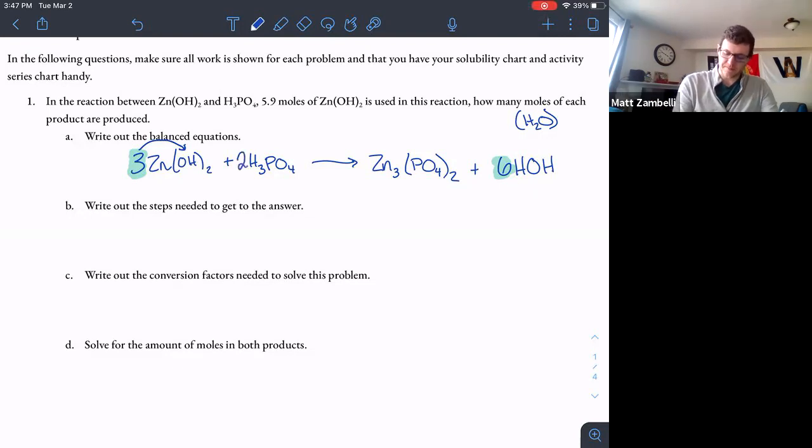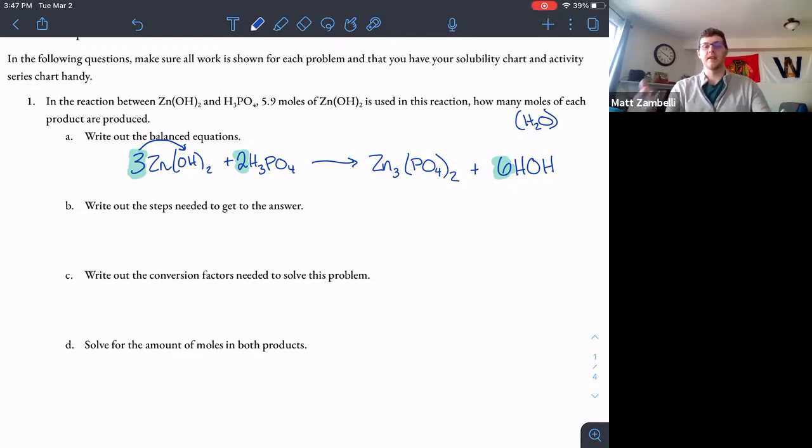Two, perfect. So this 2 goes in front. All right, so now my H's are 6 on each side. What about my phosphates? Do they match? Do we have the same number on either side? We do, so now we are balanced.